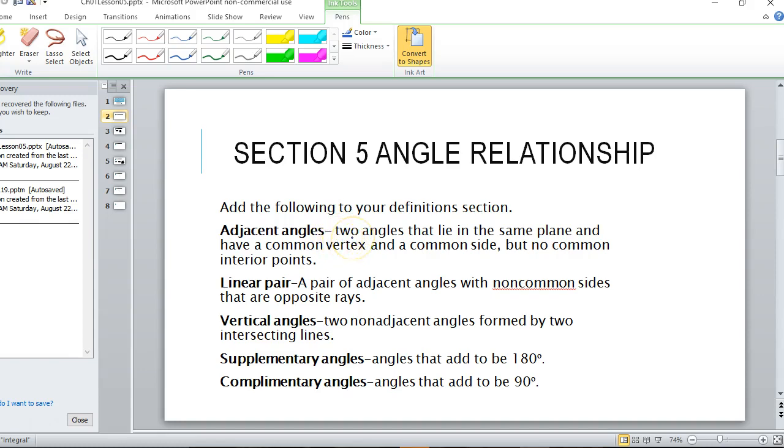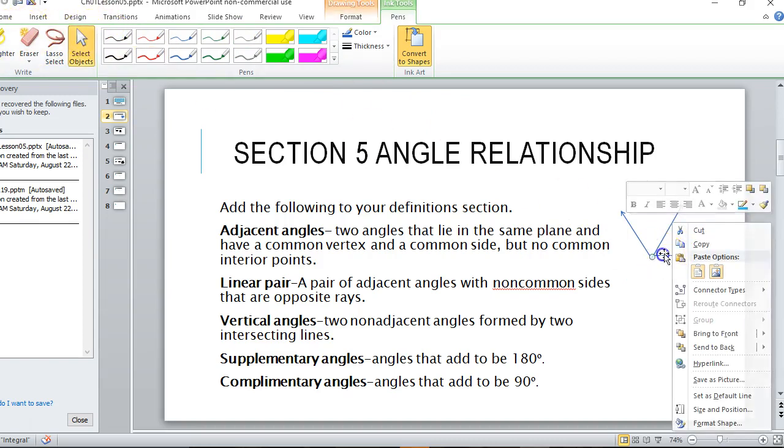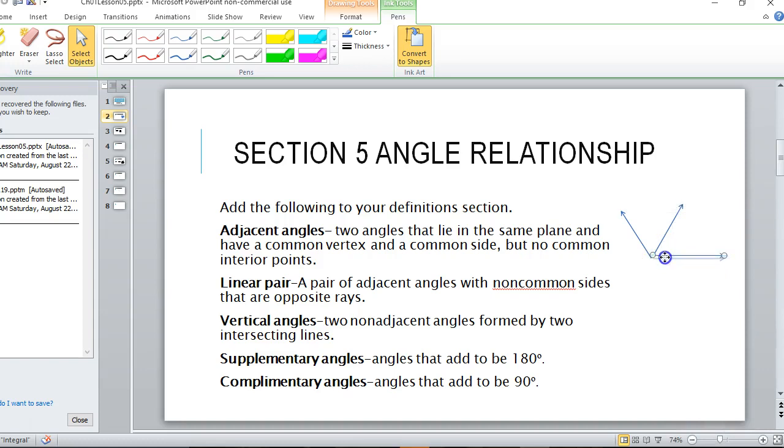Two angles that lie in the same plane have a common vertex and a common side, but no common interior points. So I'm going to draw a sketch to the side here. All right, so I'm going to go ahead and label these.